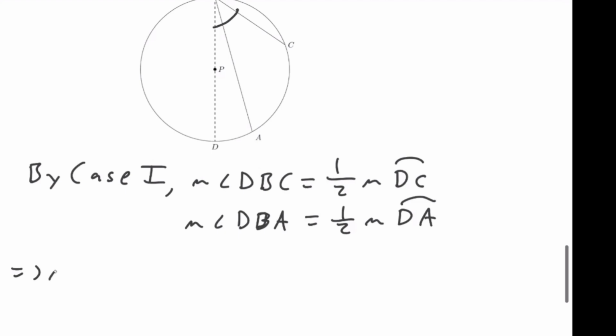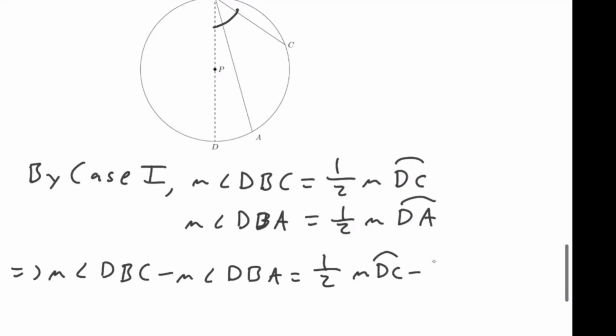So the measure of angle DBC minus the measure of angle DBA is equal to 1/2 the measure of arc DC minus 1/2 the measure of arc DA.